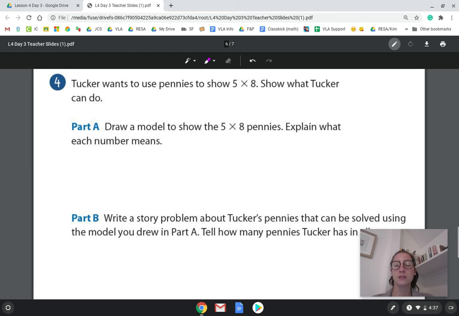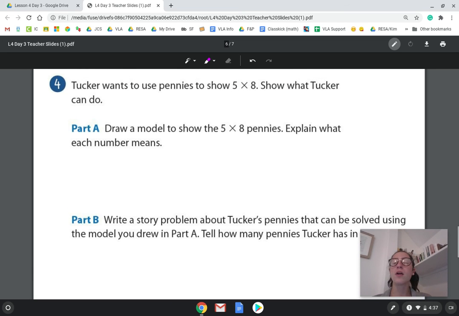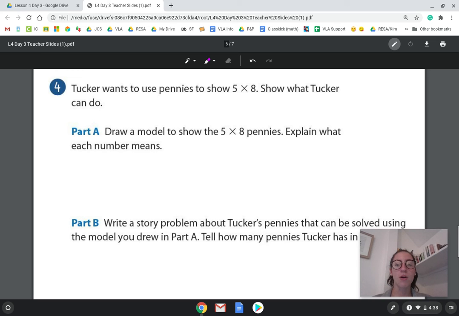Explain what each number means. Once you finish that, there's a part 2. Write a story problem about Tucker's pennies that can be solved using the model you drew. And part A, tell how many pennies Tucker has in all. So what I want you to do is pause this video and then press play when you're ready, okay?